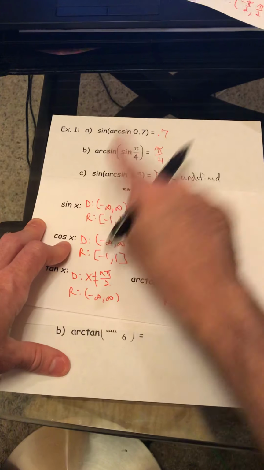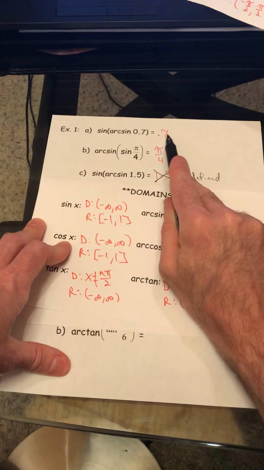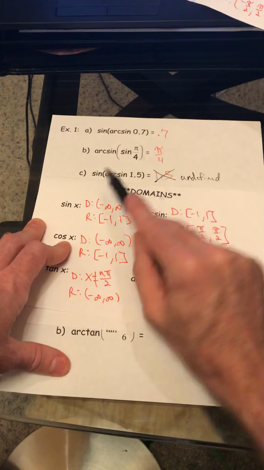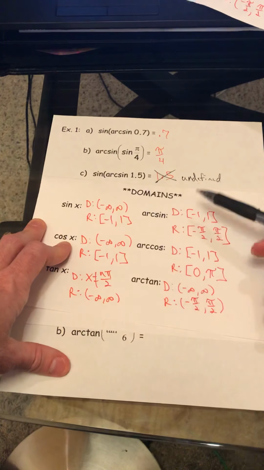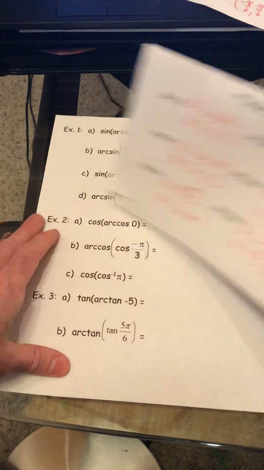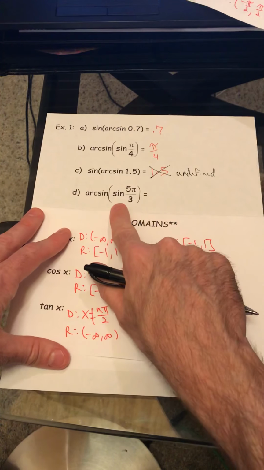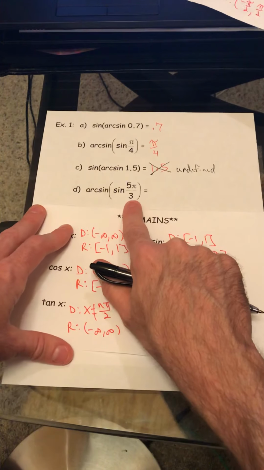So that's where, yes, a lot of the time it is as simple and cut and dried as, yep, they cancel out, there's your answer. Oh, nope, you do have to check the domain of the inner function and the range of the outer function. So one final one, arcsine of sine of 5 pi over 3.